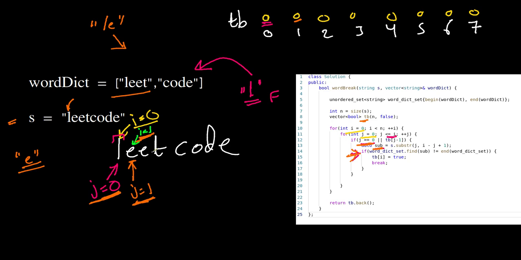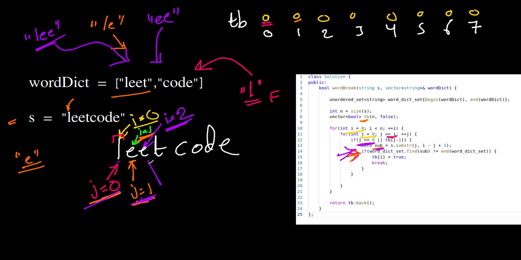And then we move to i equal 2, and we start with j equal 0. From 0 to 2, the substring is Li, and this word does not exist in the dictionary. So for j equal 0, this condition does not apply. We move to j equal 1. From 1 to 2, the substring is E, and this word does not exist.